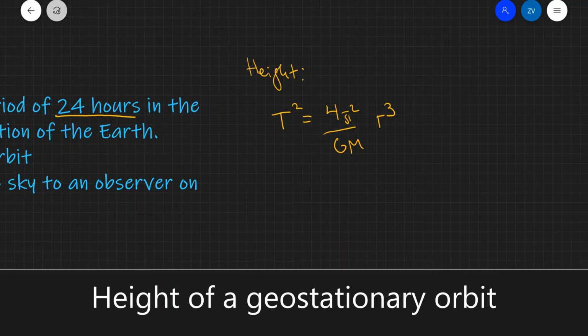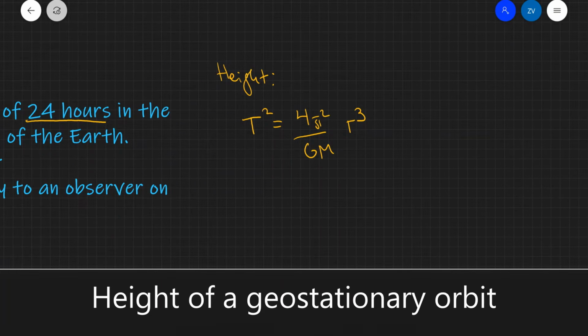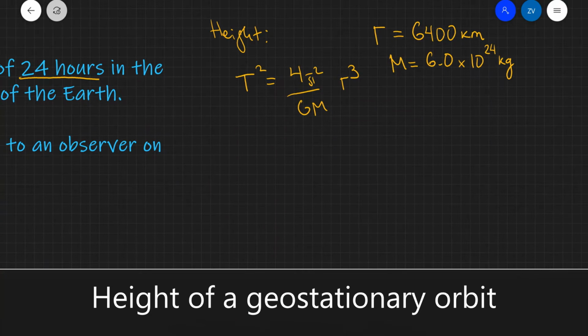Let's also just write down a couple of useful numbers for you to be able to solve this question. The radius of the Earth is 6,400 kilometers, and the mass of the Earth is approximately 6.0 times 10 to the power of 24 kilograms.